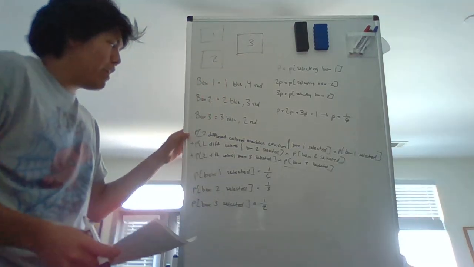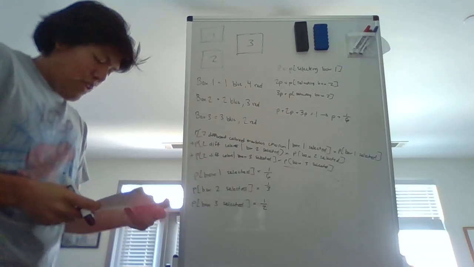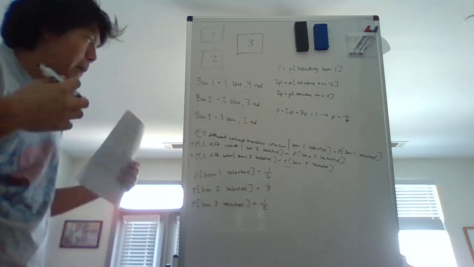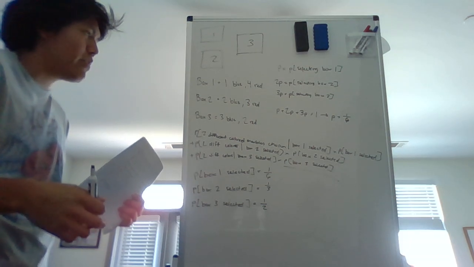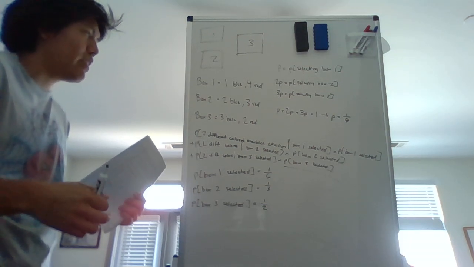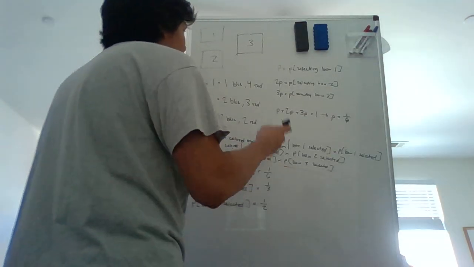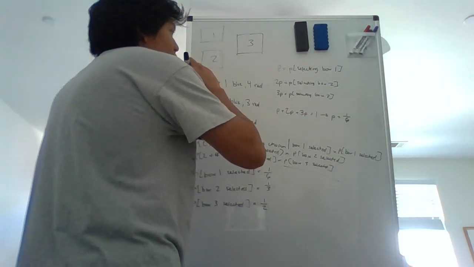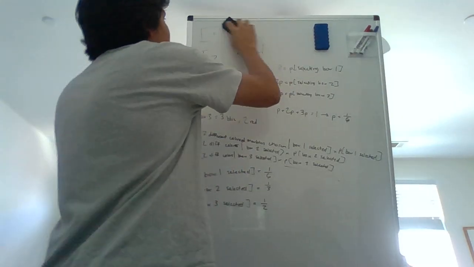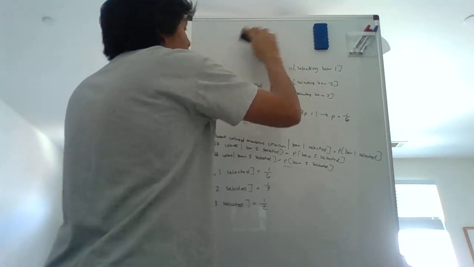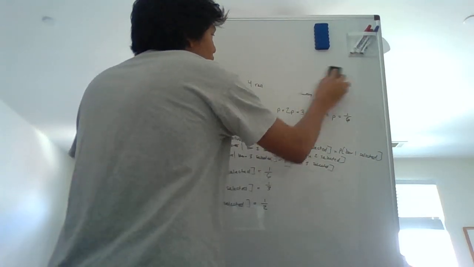Now we have to find these conditional probabilities right here. Okay, so we've already solved for box 1 being selected. So a conditional probability is, again, let me erase this. And I'll erase this because we already used this.